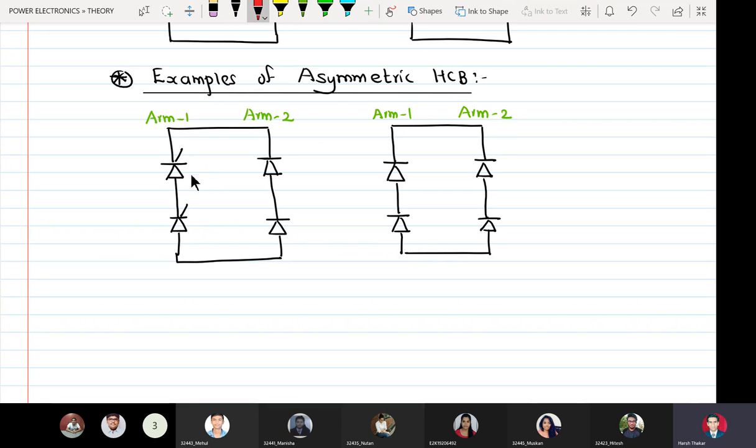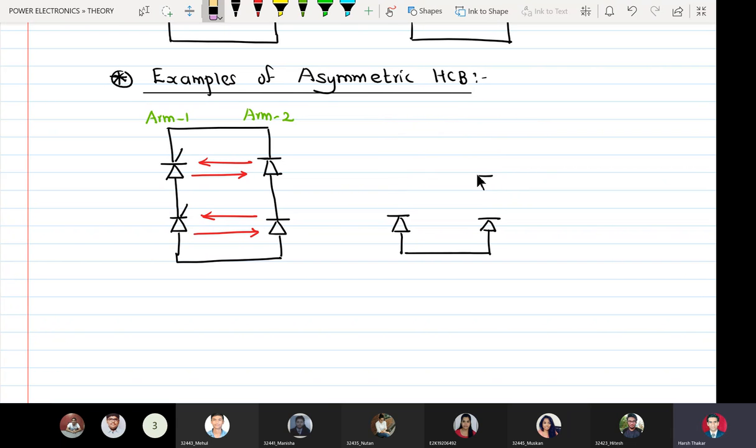Here, if you swap the positions, it becomes another example of asymmetric HCB. It's like that. So this you can always do by yourself.